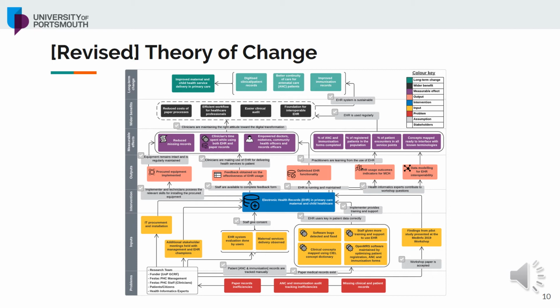One change I need to highlight is that this work was presented in a conference in France, and we consulted health informatics experts from all over the globe that were in attendance. We found that data modeling for EHR interoperability is a key priority, and they were able to present all the outcome indicators for maternal and child health care.